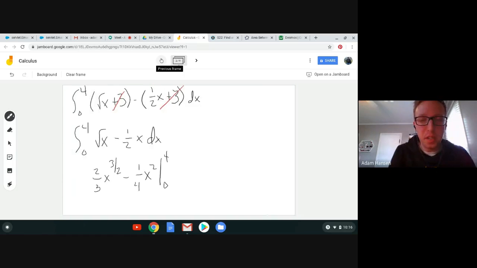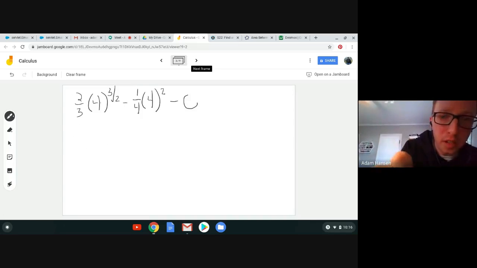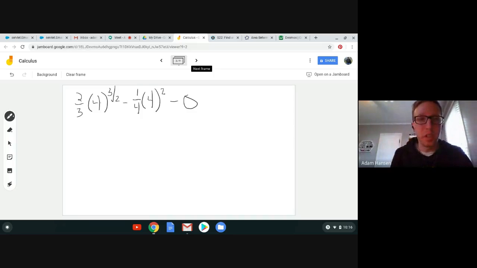If I were to plug in 0 to this function, I would just get 0. So it's really not necessary to plug in 0, because when I subtract 0, it doesn't really change anything.